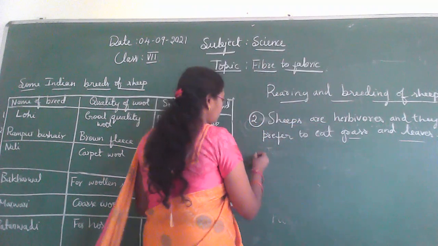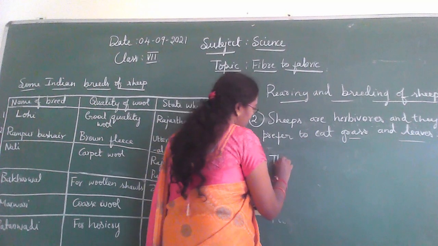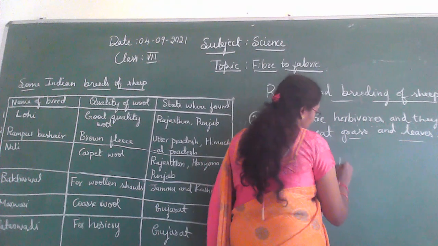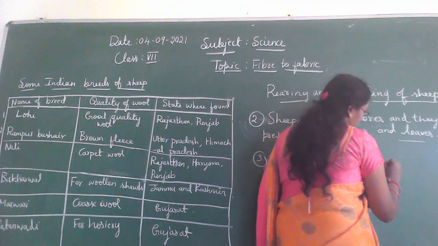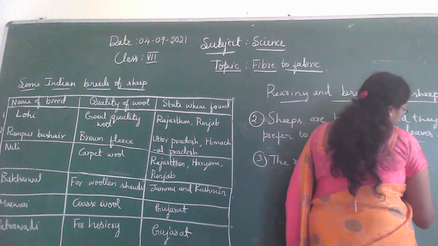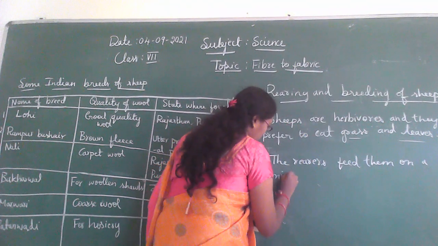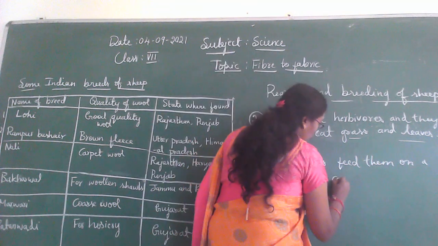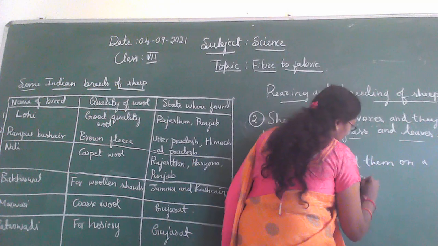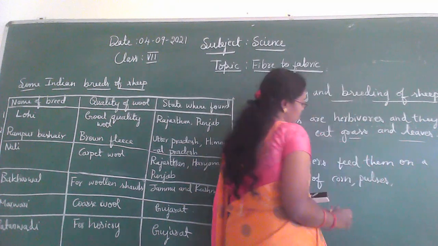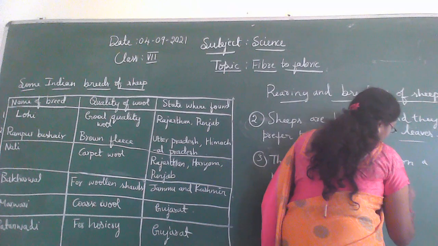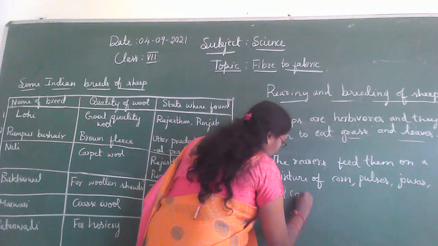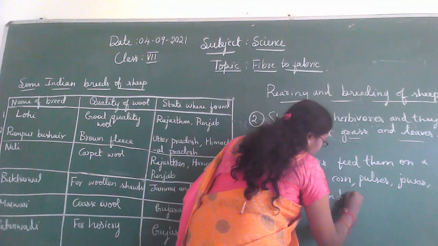The rearers feed them on a mixture of corn, pulses, jowar, oil cakes and minerals.